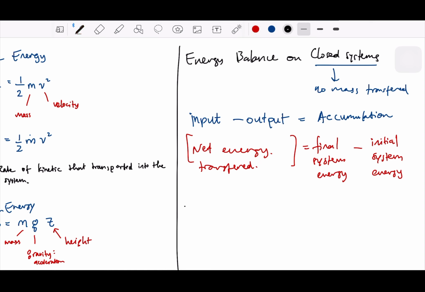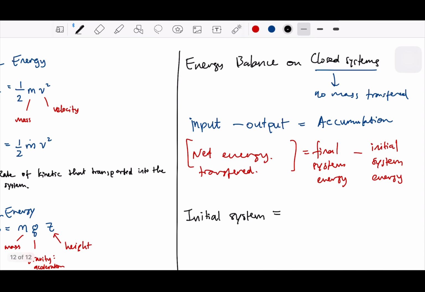So if we define the initial system as the internal energy U, I for initial, plus the kinetic, and plus the potential.